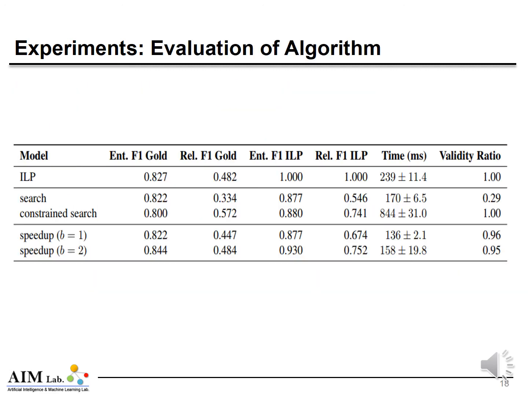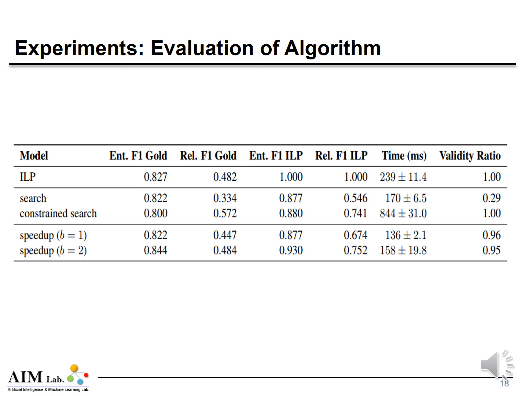This table shows the results of various search algorithms' prediction speed and accuracy. The first two rows show the F1 score against the gold labels. The proposed algorithm with beamwidth 2 shows the best result. And as you can see, the prediction time is smaller than the previous ILP algorithm and much smaller than the current constraint search algorithm.